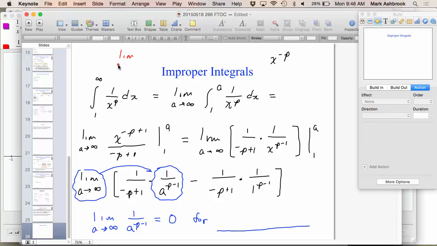The limit as n goes to infinity of 1 over n to the r. What does r have to be for that limit to be 0? What does r have to be?